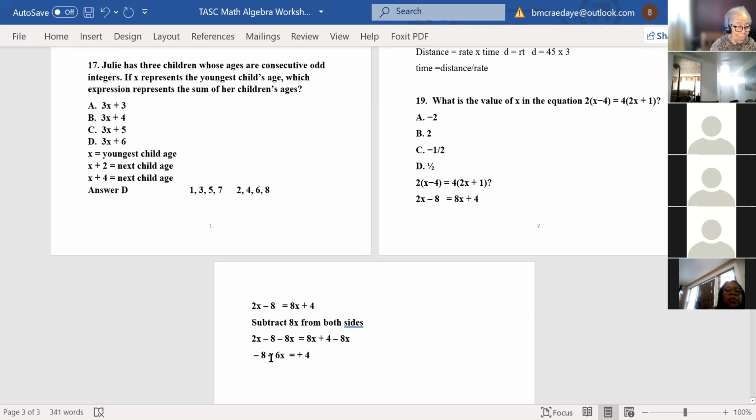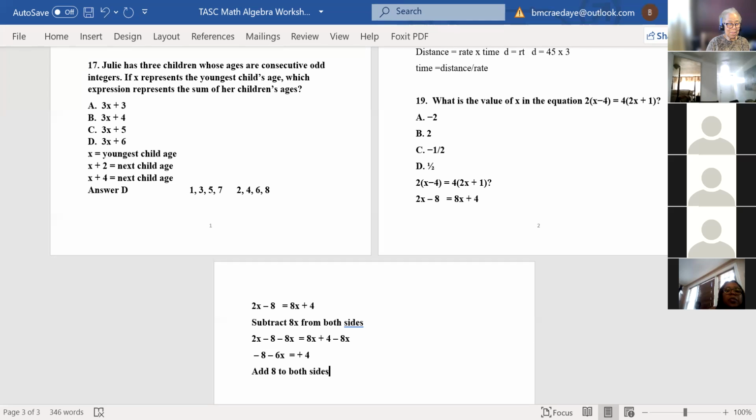Now you have your 6x over here. So you could just add the 8 to both sides. I think you can continue from here, right?